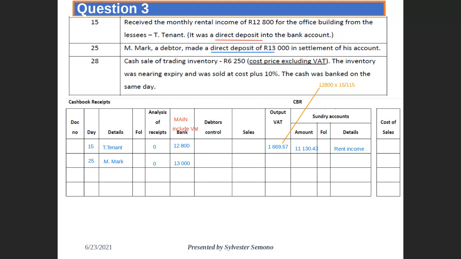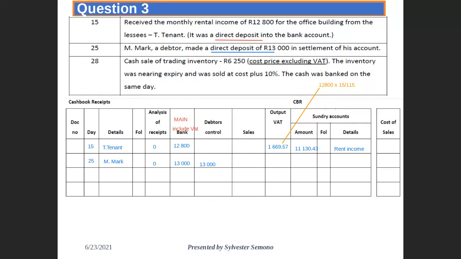Okay, how much must I record under debtors, please? I'm going to wait for you. Remember, we don't calculate VAT. We record it as it is.